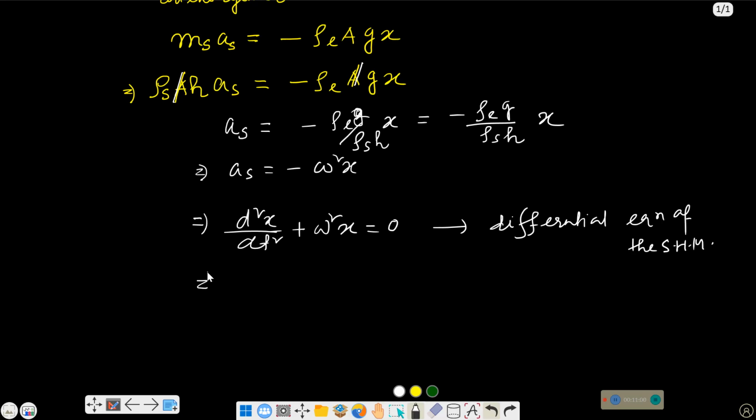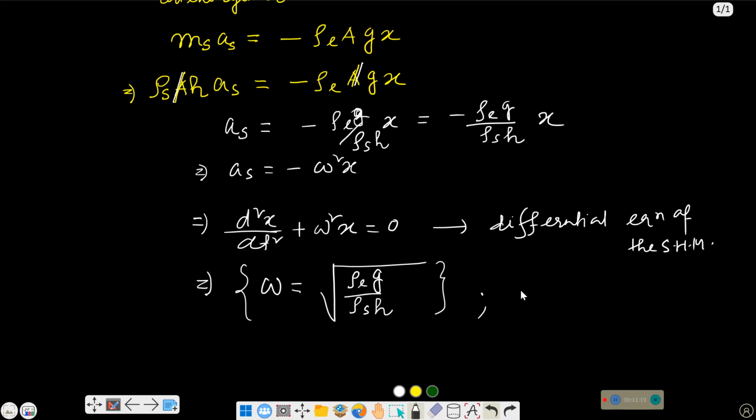Okay, so comparing this with this equation, we will have omega as root over rho L g by rho S into h. Okay, so this is the frequency of oscillation.